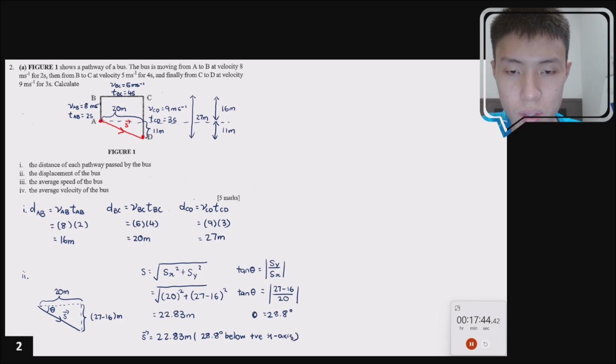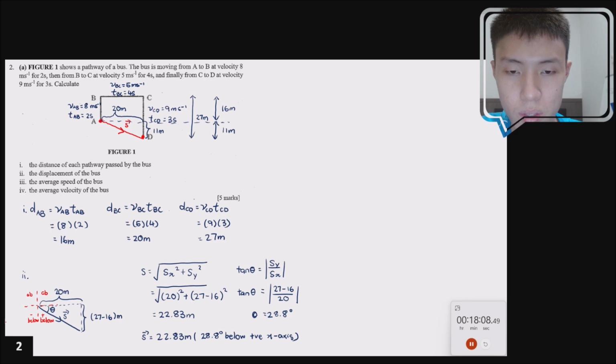Okay, how do I check the angle? I put an axis on my starting point. So this is above, below, negative, positive. So below positive x-axis. Okay, so that's my displacement.